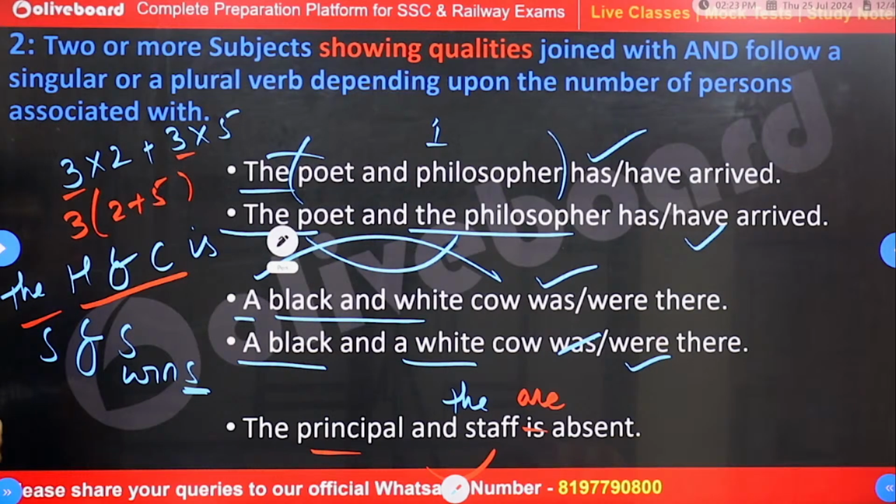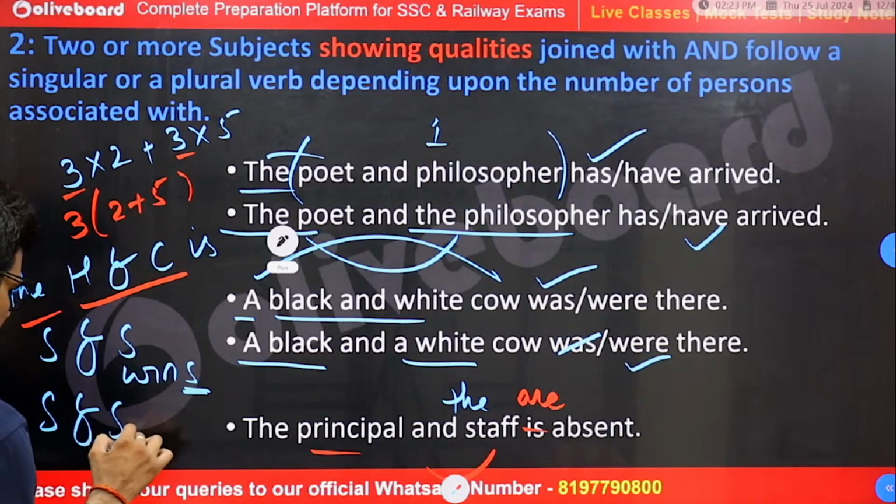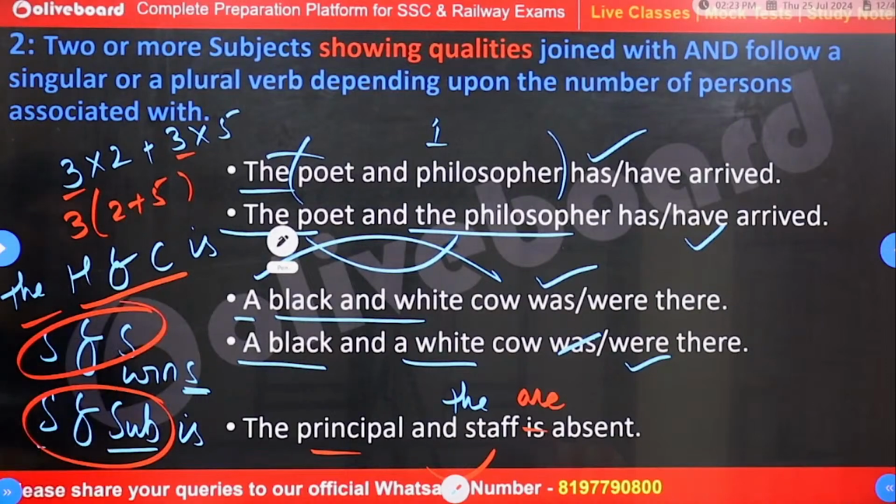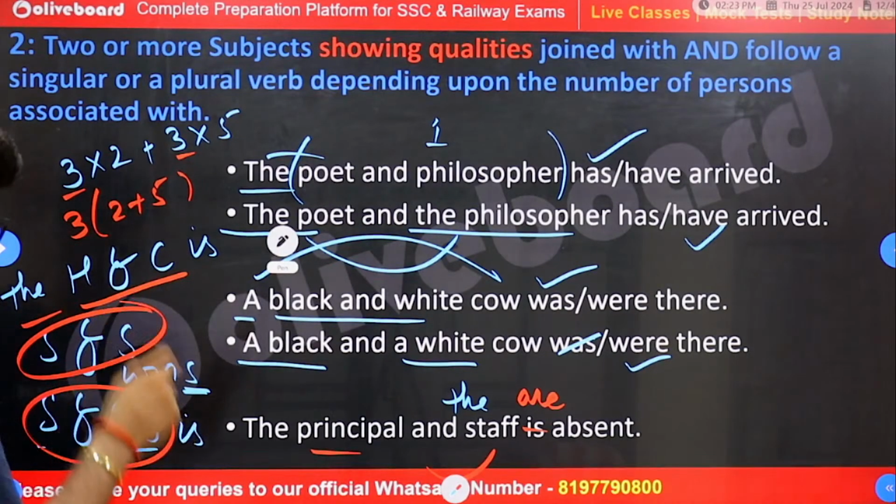In the same tone, we can say the sum and substance of this poem is as follows. The conclusion of the poem, what we got from the poem, is this. Collectively, it shows the conclusion. Collectively, it shows just one person who is constant enough, who is persistent enough to get something.